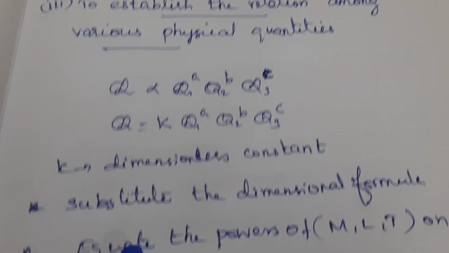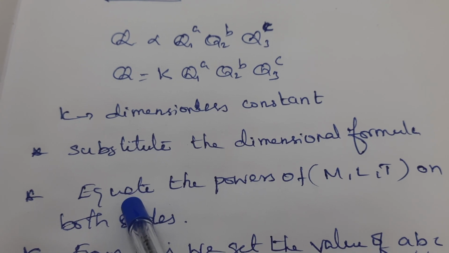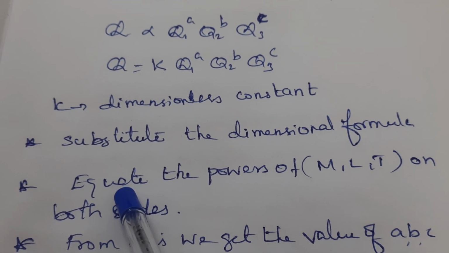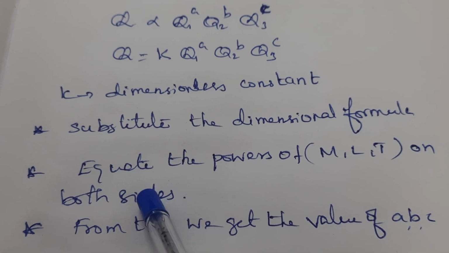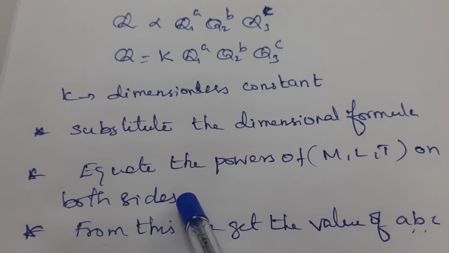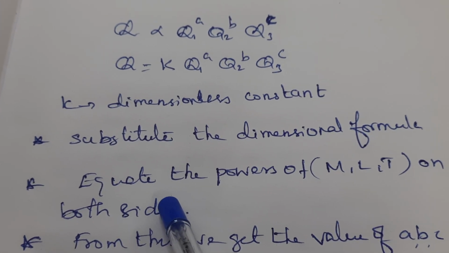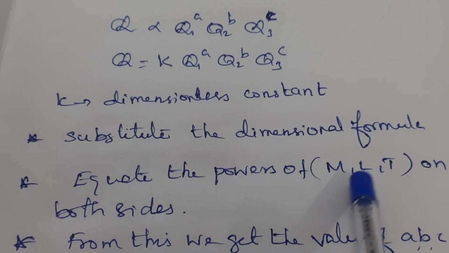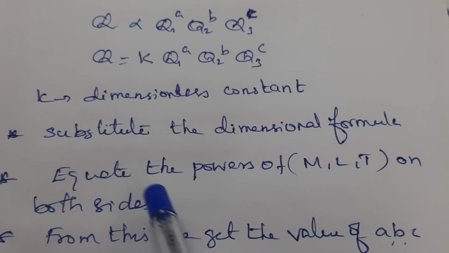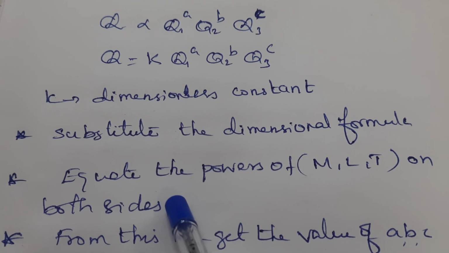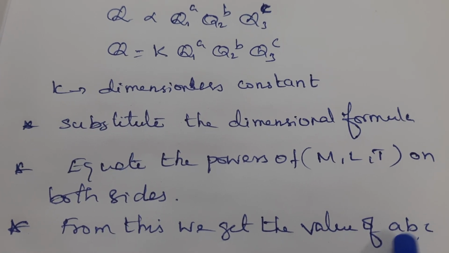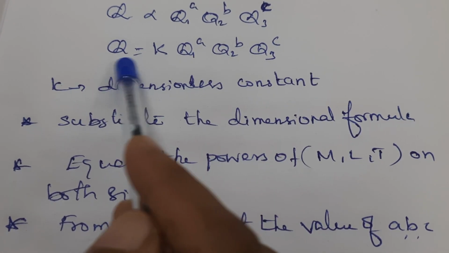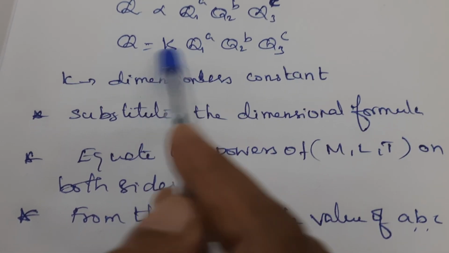Next step, according to the principle of homogeneity, equate the powers of MLT on both sides. By equating we will get the values of a, b, c. After substituting a, b, c, we can find out the relation among these quantities.